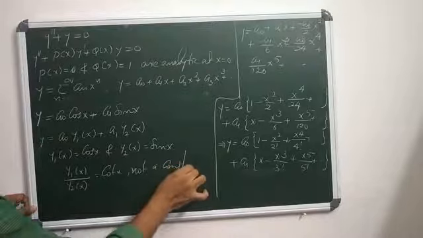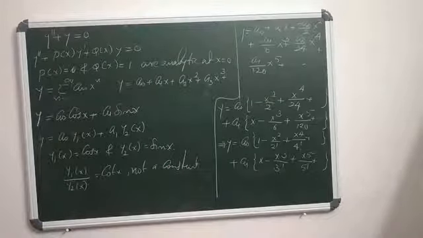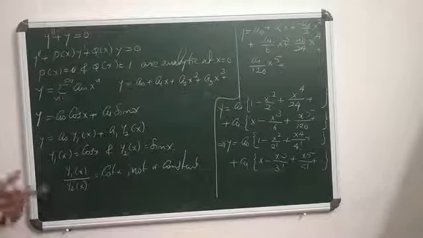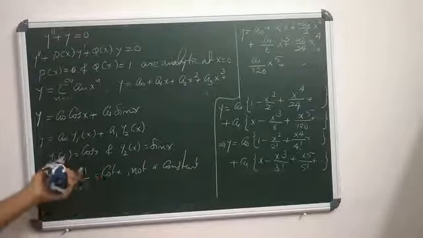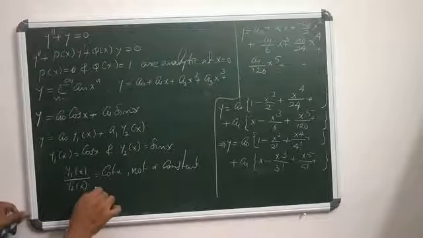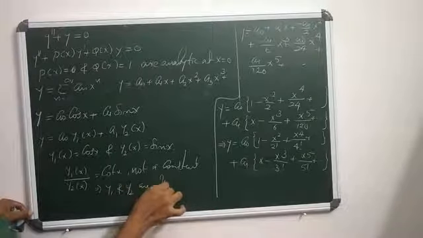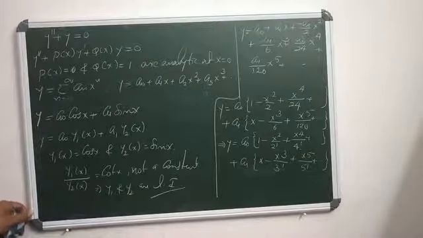Now consider these two functions y1x and y2x, which are in power series form. y1x is cos x and y2x is sin x, but their ratio is not a constant. One is not a constant multiple of the other, which means they are linearly independent.